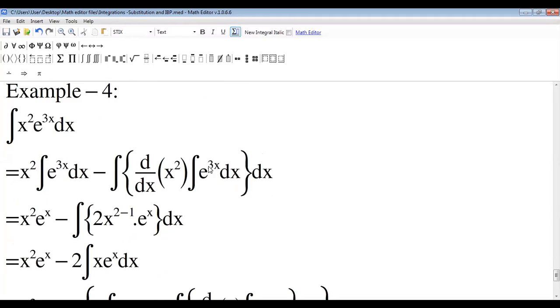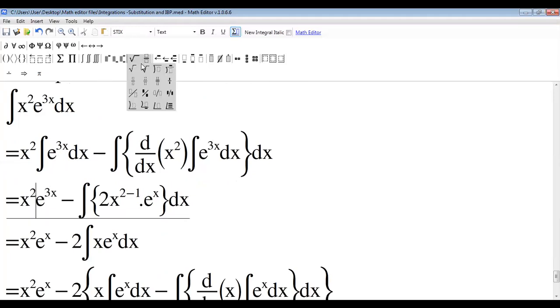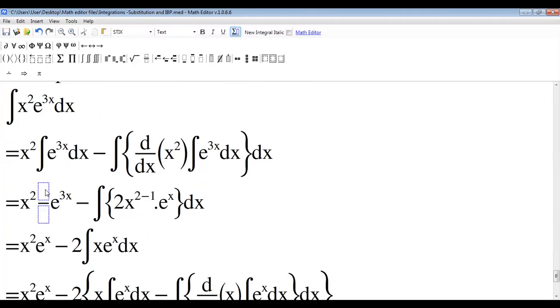Using the same procedure, u into integration of v minus differentiation of u into integration of v dx. So x square, and this will be e to the power 3x. But in integration, remember that we have to divide by the coefficient of x.